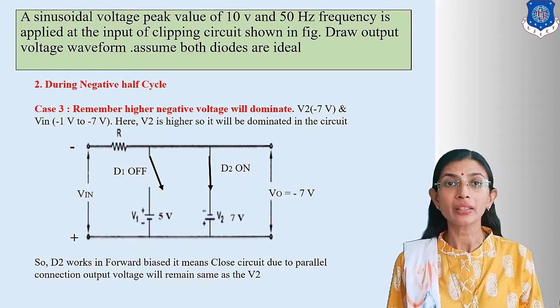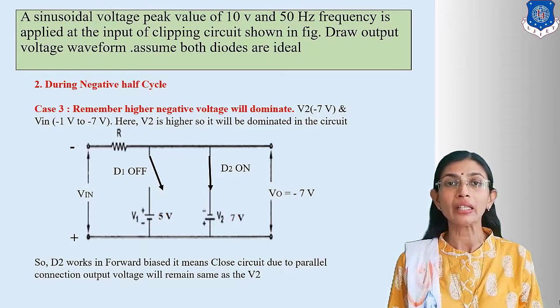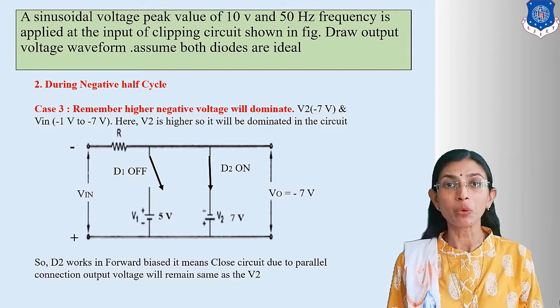When V2 is higher, not more negative, then the diode does not conduct, but when input becomes more negative than the minus 7 volt, then diode D2 conducts and acts as a short circuit, closed switch, as shown in this diagram. Therefore, output across RL will be minus 7 volt constant. Initially, output follows the input because both diodes are off, and then when input becomes more negative than minus 7, D2 will be on and output will be minus 7 volt constant.